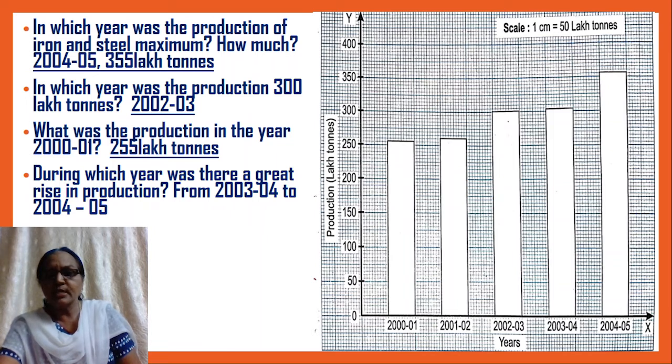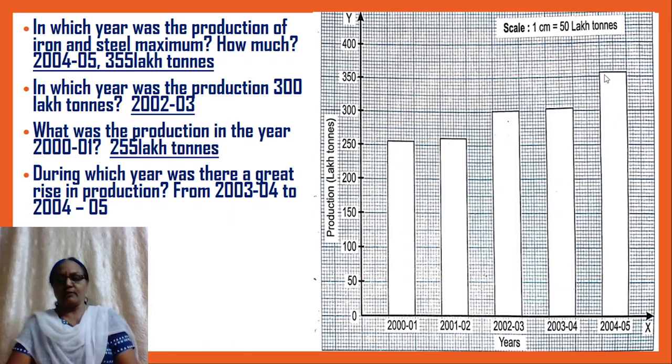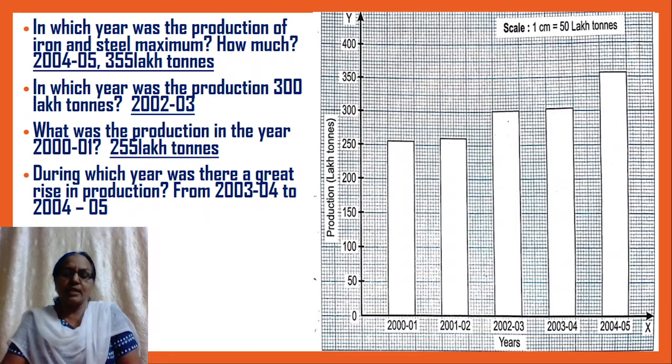And how much is it? This is 350. It is slightly more than 350, so it is 355 lakh tons. You'll have to write the units also. Don't just write 355. Write it as 355 lakh tons.